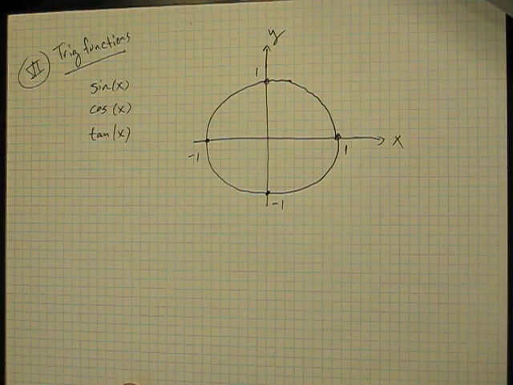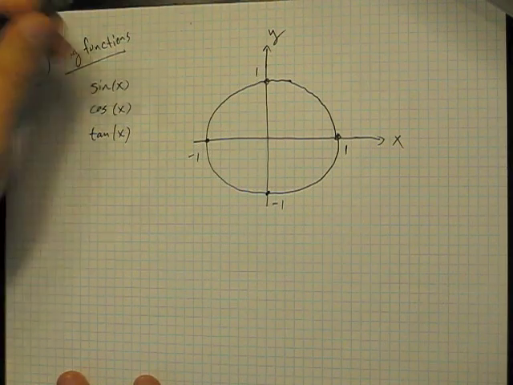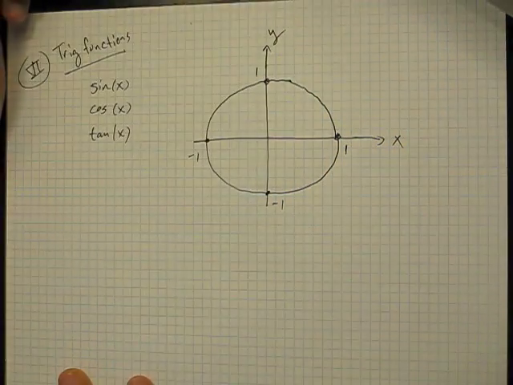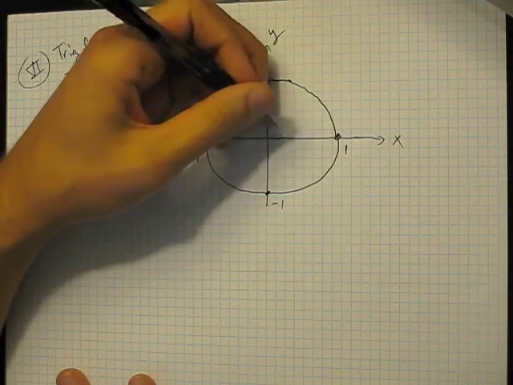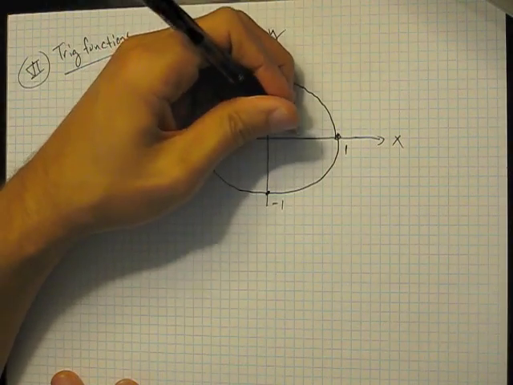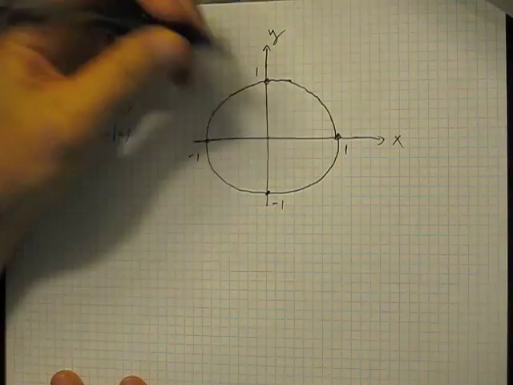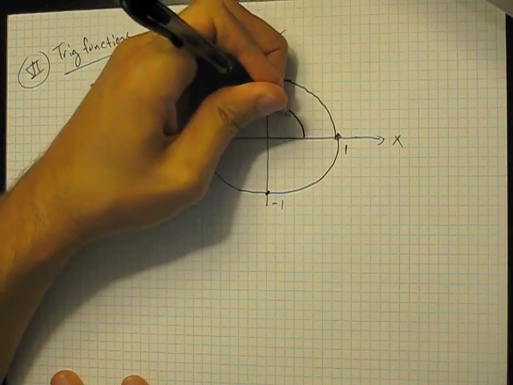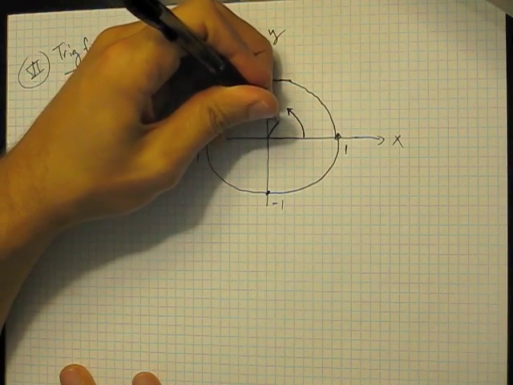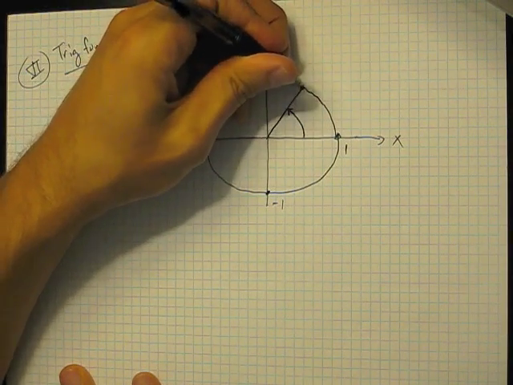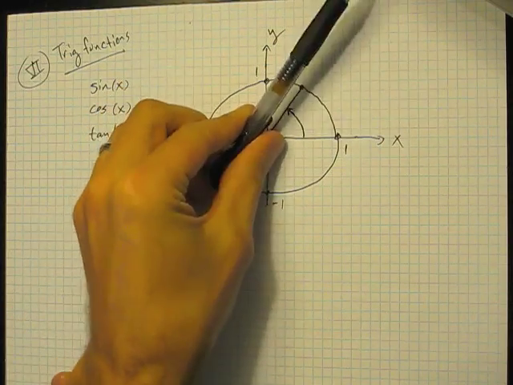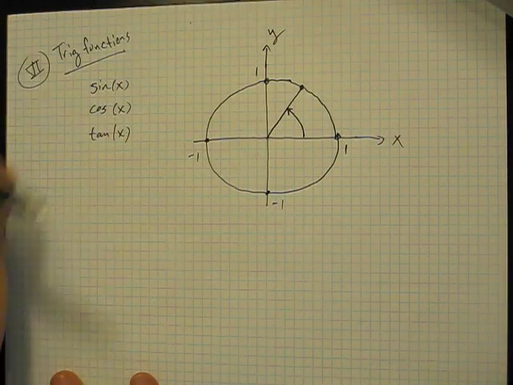So now what I would like to do is define the sine and cosine functions using this unit circle. You give me the input, and then I will measure out, starting in the direction of the positive x-axis, an angle that measures the input value you gave me.